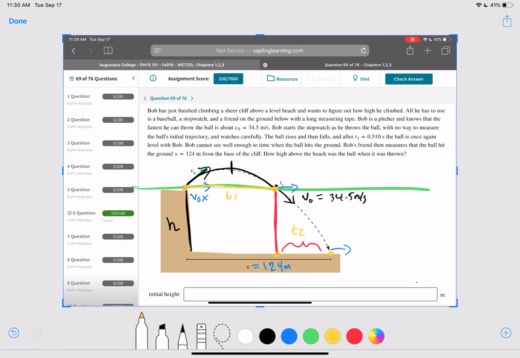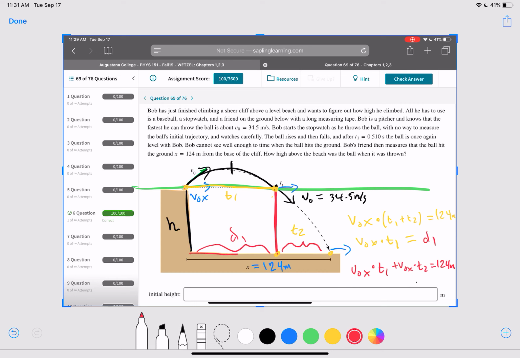So we know that v0x times the total time, t1 plus t2, is going to equal this 124 meters, this full distance. But we also know that v0x times t1 is equal to this distance, let's call it d1. So we're going to have v0x times t1 plus v0x times t2 is equal to 124 meters.